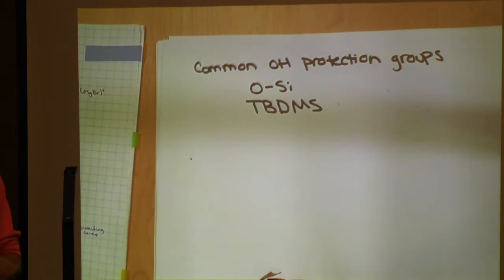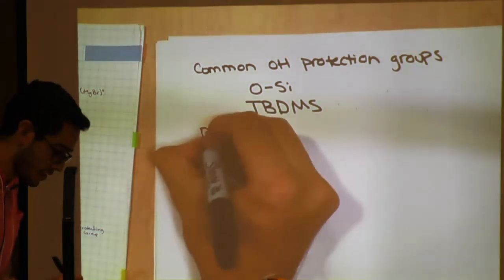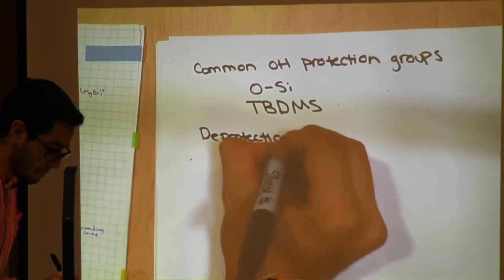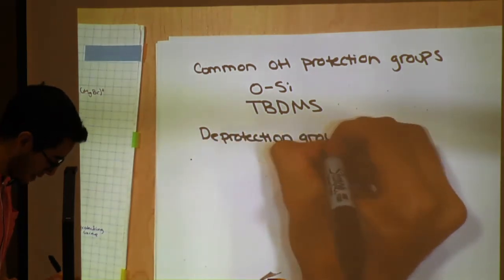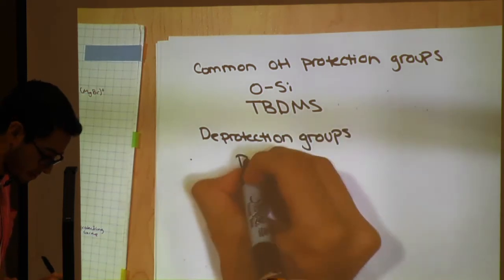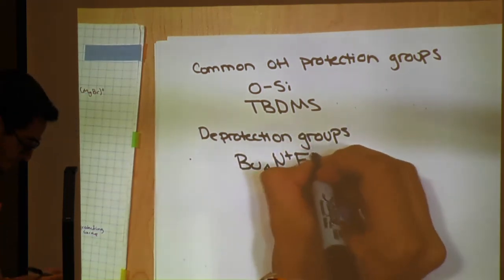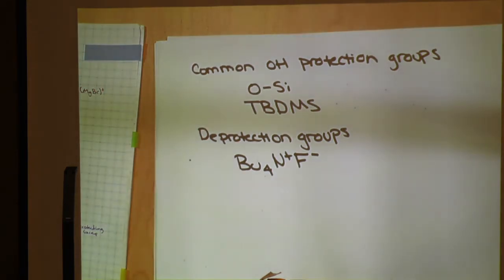When you add your protection group, once you finish with your reagent, you add a deprotecting reagent to remove the protection group and finish your reaction. And in this case, Bu4NF is a good one as well.